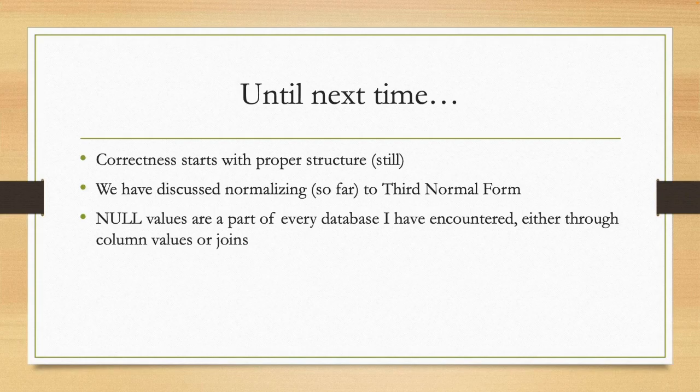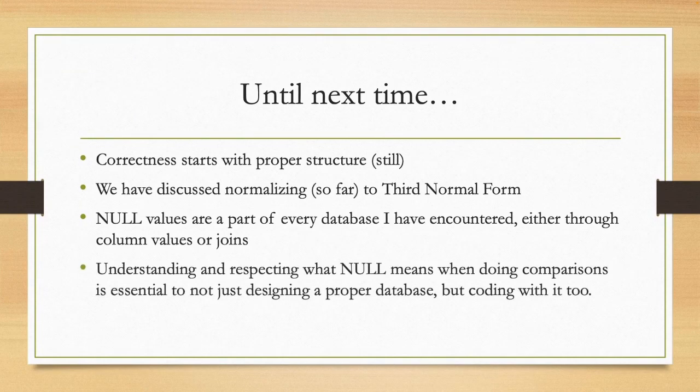Nulls are necessary to keep a database simple enough to make it work without having bunches of tables or phony values in the table. I've never worked with a database that didn't have some null values, either through the column values or joins. There's going to be null values you deal with. So yeah, as long as you understand and you respect what it means when you're doing comparisons, it's not that big of a deal.